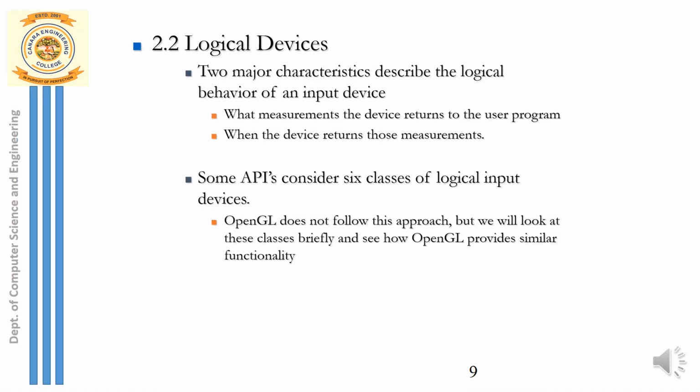Till now we were speaking about the physical input devices. Now let's move on to something called logical input devices. These are input devices which are not physically existing, but we assume them to be logical ones. When we speak of physical input devices, we only have the mouse, joystick, light pen, space ball, something like that.